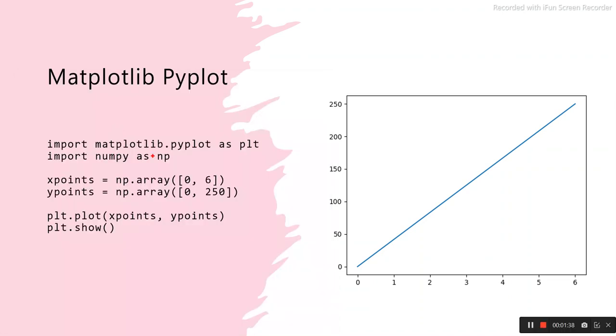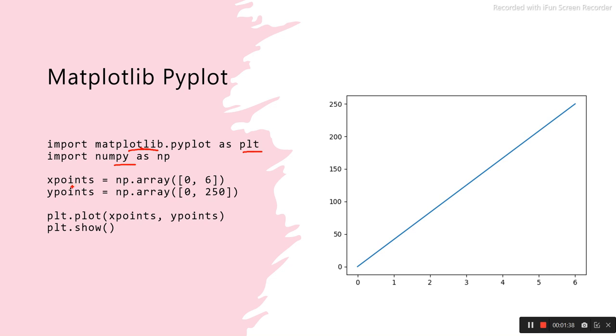You need to import this package matplotlib.pyplot, and give it a short name, plt. Then this is, as usual, your numpy array, because I am going to supply the points in an array, an array of points, an x array and a y array.